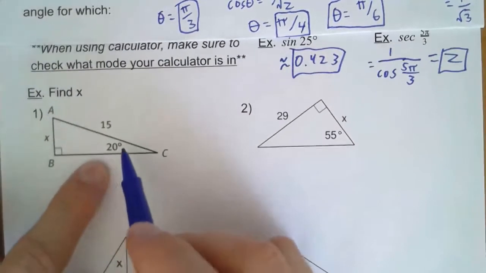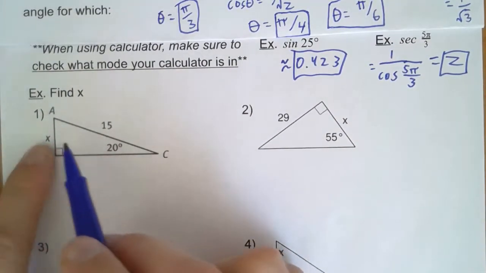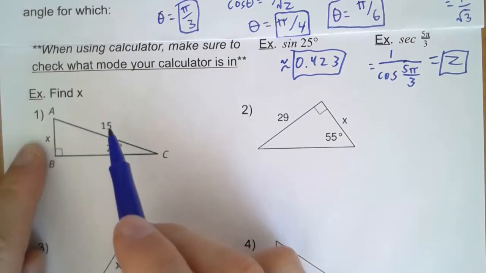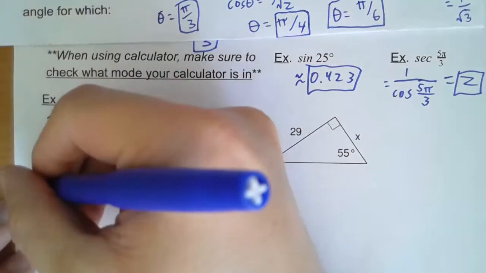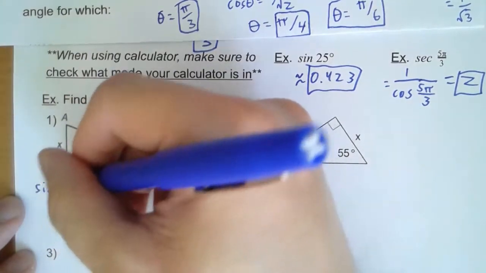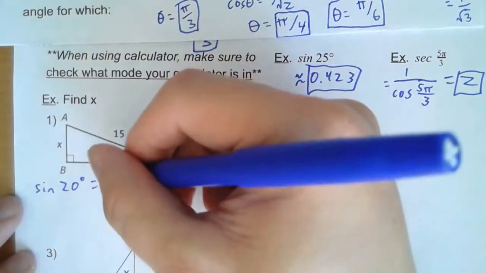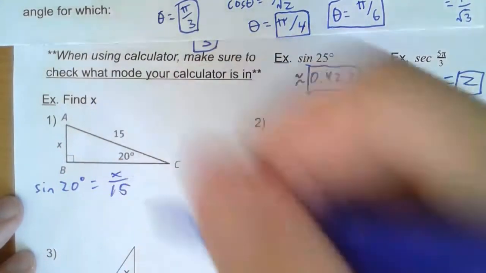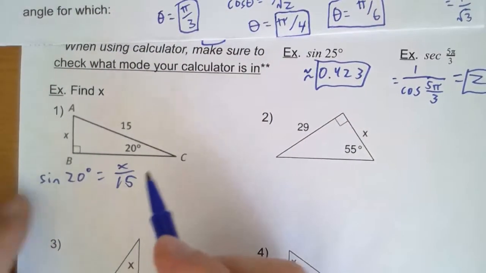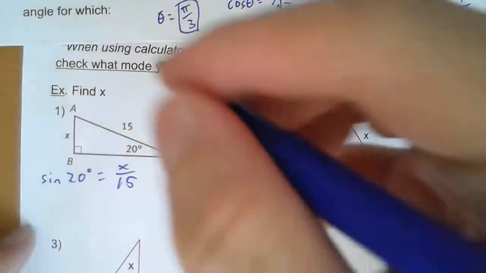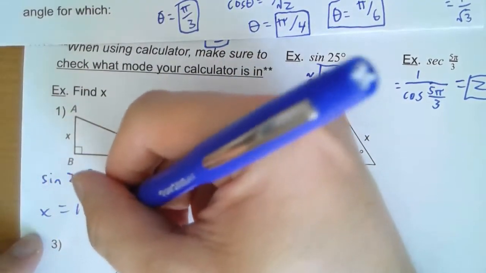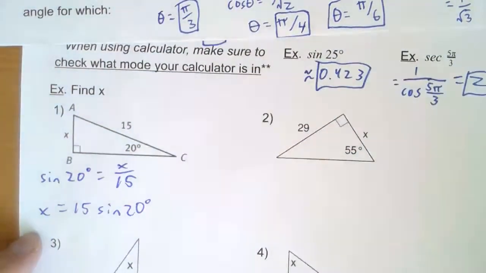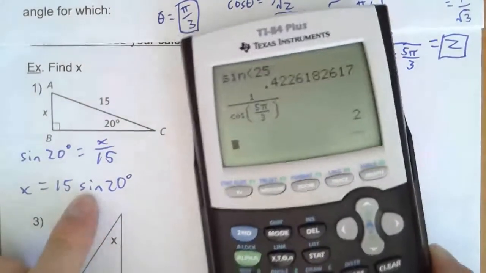Okay, so if we're working with this angle here, let's see what sides we have. We have the opposite side, we have the hypotenuse, opposite, hypotenuse, that's sine. So I'm looking at sine of 20 degrees equals x over 15. So we can multiply both sides by 15, get that x equals 15 sine of 20 degrees. So that would be the exact value of x.